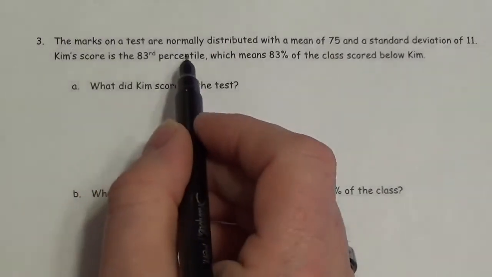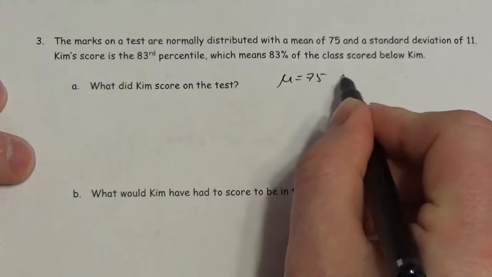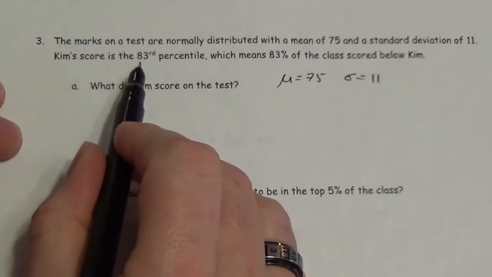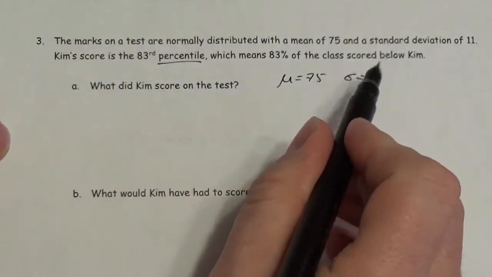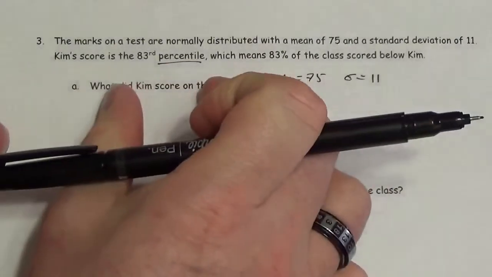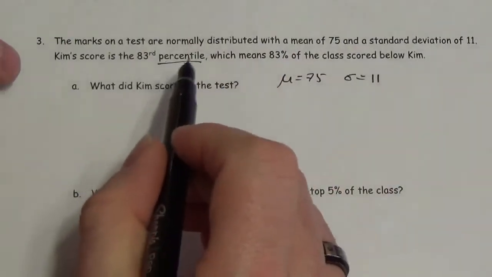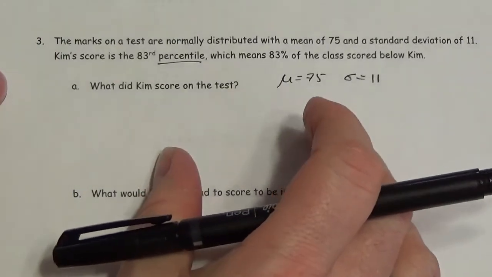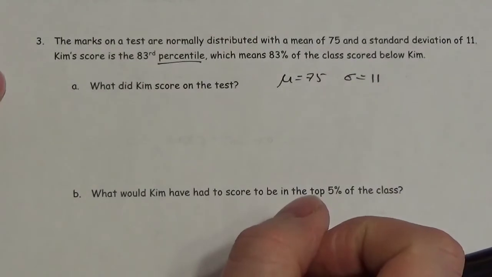Okay, so here we go. The marks on a test are normally distributed with a mean of 75 and a standard deviation of 11. Kim's score is in the 83rd percentile, which means 83% of the class scored below Kim. That's a really nice statistical tool that runs in conjunction with this inverse norm feature, because anytime you talk about a percentile, you're giving the percentage of the population below whatever data value you're looking at.